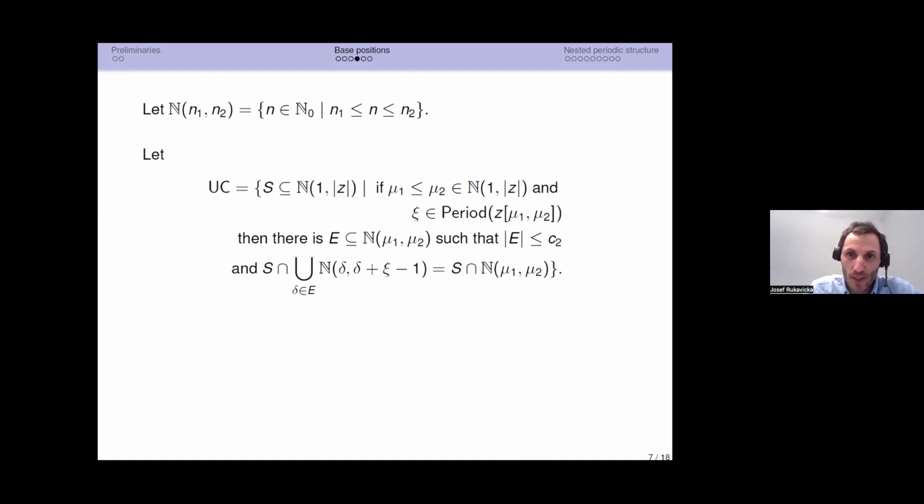I can consider only this small number of periods if I am interested in the intersection with the set S. All the other periods have no intersection, or the intersection of these periods with the set S is empty. So this is the definition of the set UC. I think the abbreviation, by the way, UC stands for uncovered or uncoverable. I don't remember exactly what I meant with this, but it was something like this.